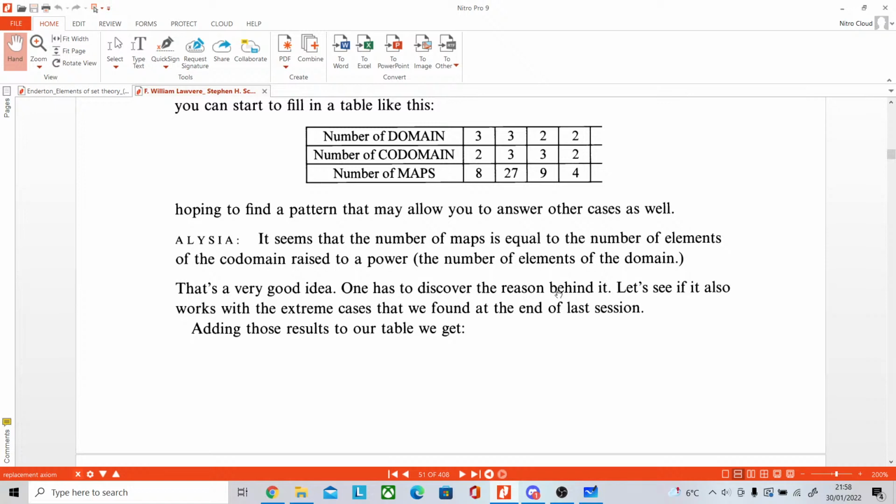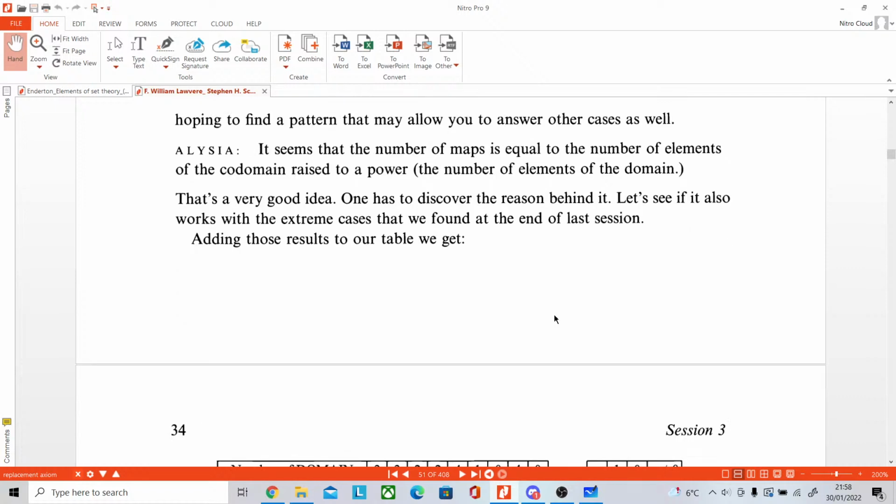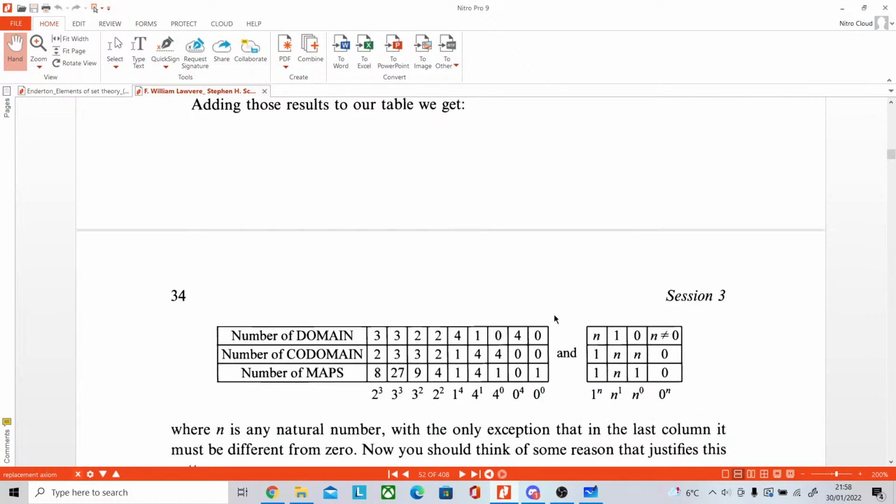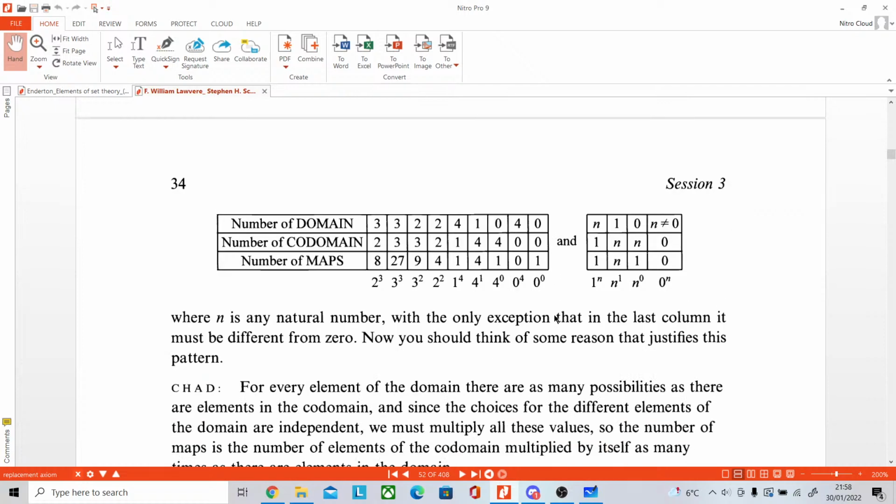One has to discover the reason behind it. Let's see if it also works with the extreme cases that we found at the end of last session, which we sort of did as well. Where n is any natural number, with the only exception that in the last column it must be different from 0. Now you should think of some reason that justifies this pattern.